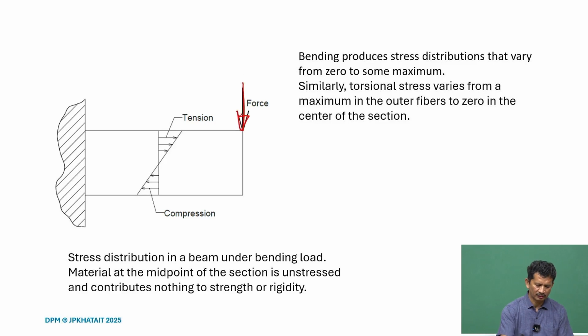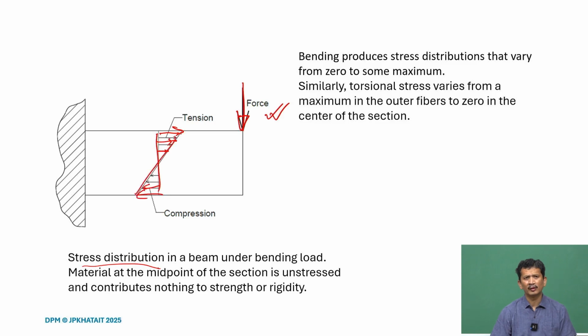If we apply any kind of force on this structure, which is a cantilever beam, what will happen if we look at the stress distribution in a beam? This is the kind of distribution we usually see.